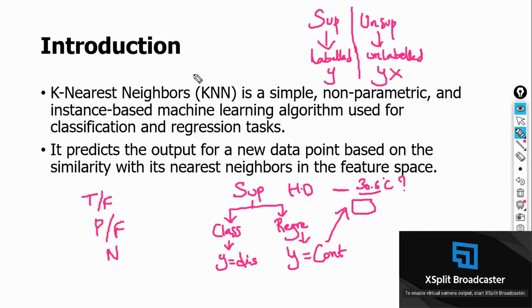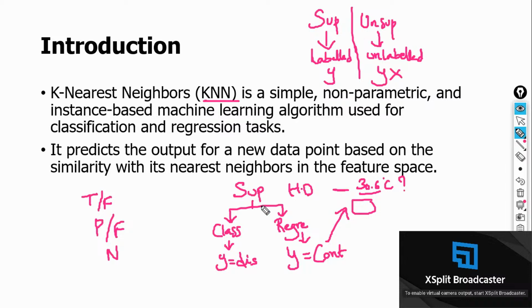But today we are going to learn an algorithm called KNN, K nearest neighbors. So the question comes here: is it a classification algorithm or regression algorithm? Is KNN used to predict discrete data or continuous data?